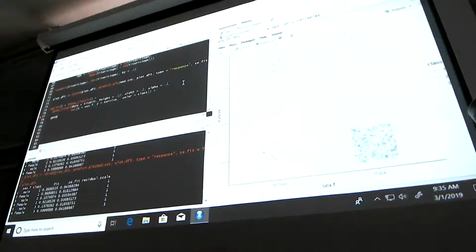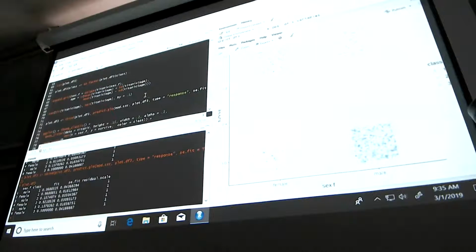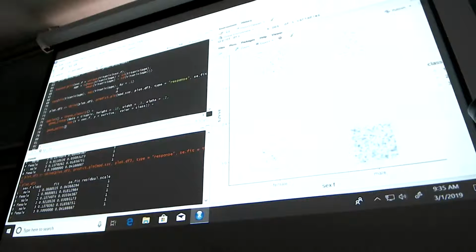Sorry, Austin, can I pause you? Yeah. Here, that's when we were doing this predict GLM. We got our fits and our SE fits, our residual scales, that's what that outputs. Right? And then we need to take that and combine that with our plot DF3 data frame and restore that again as a new plot DF3.